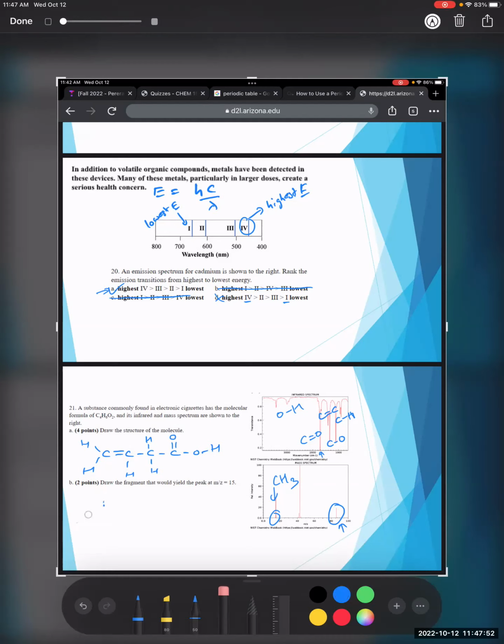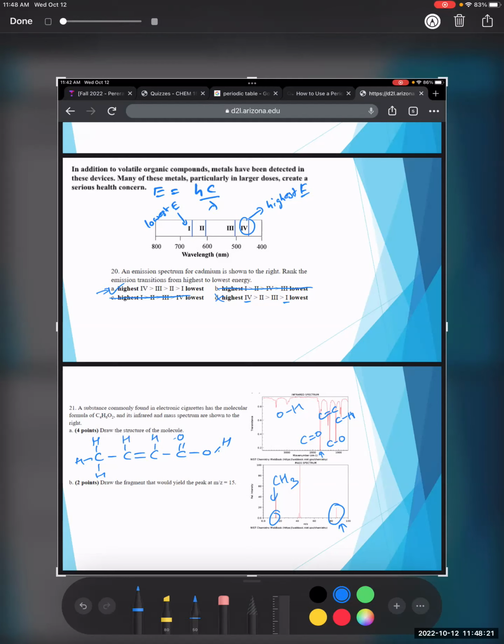Okay, so let's do it separately one more time, this time with a methyl group. Here's a methyl group, here's a carbon, carbon, OH. Then we have hydrogen, hydrogen here.